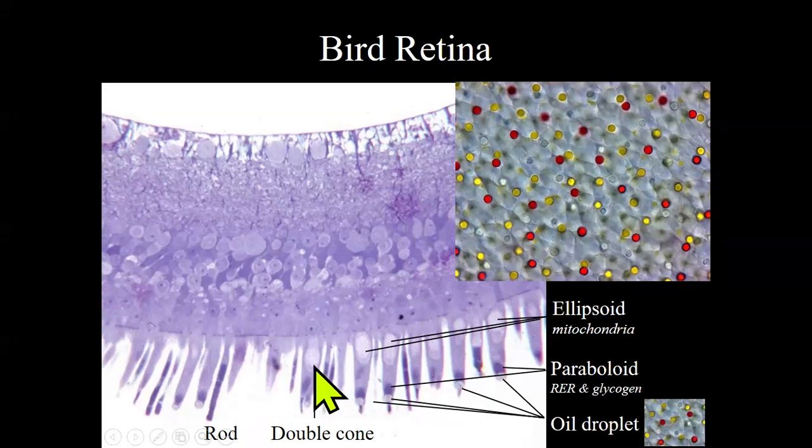Can anybody offer an explanation for why that would be? What's the function of the rod? Dim light. It wants to function in dim light. Let's say a dark night where there's a crescent moon and starlight available, so that only a very small amount of photons are going into the eye at any one time.